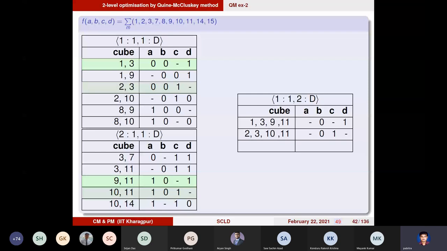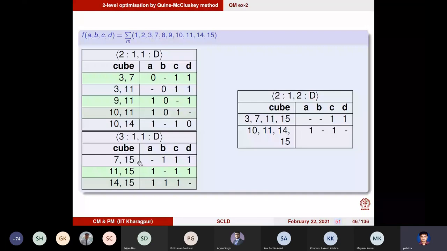Similarly, we have 3, 7, 11, 15 and 10, 11, 14, 15. In this category, 2 ones and 2 dashes, I don't have anything larger or smaller. So these two wouldn't combine with anything else, so these two would also be prime implicants.